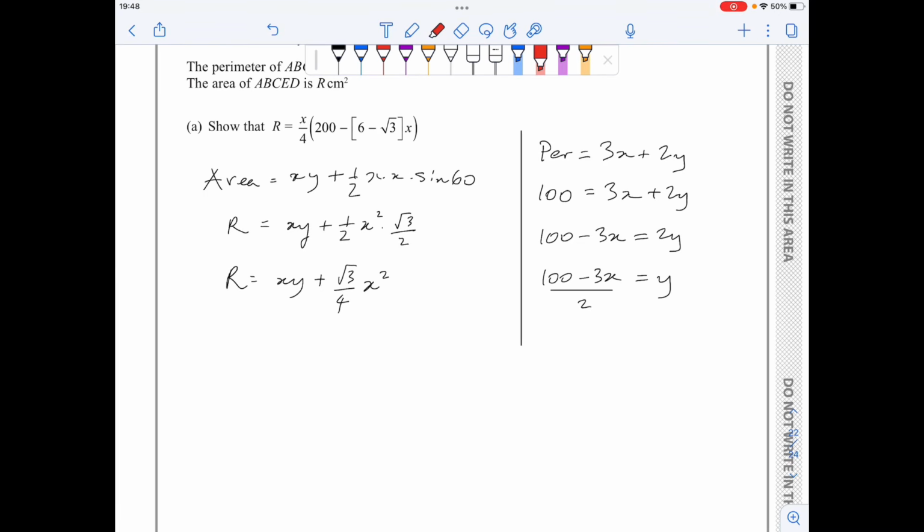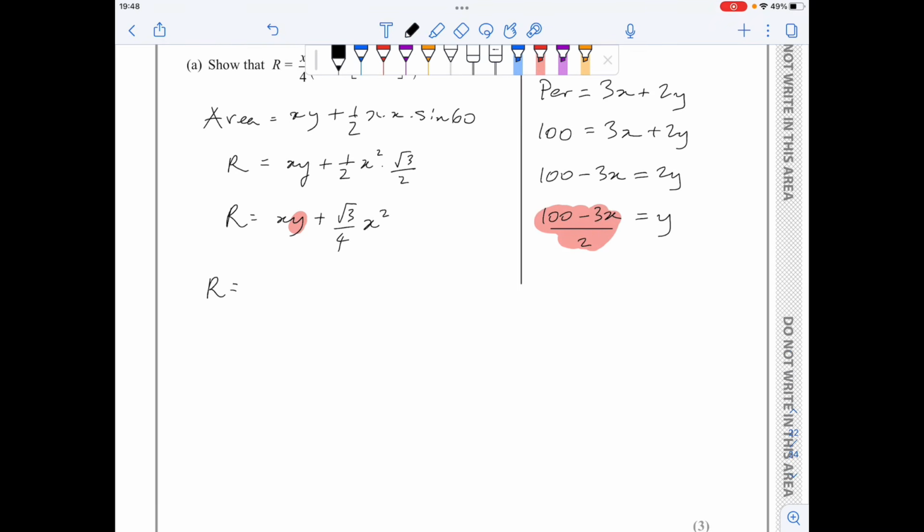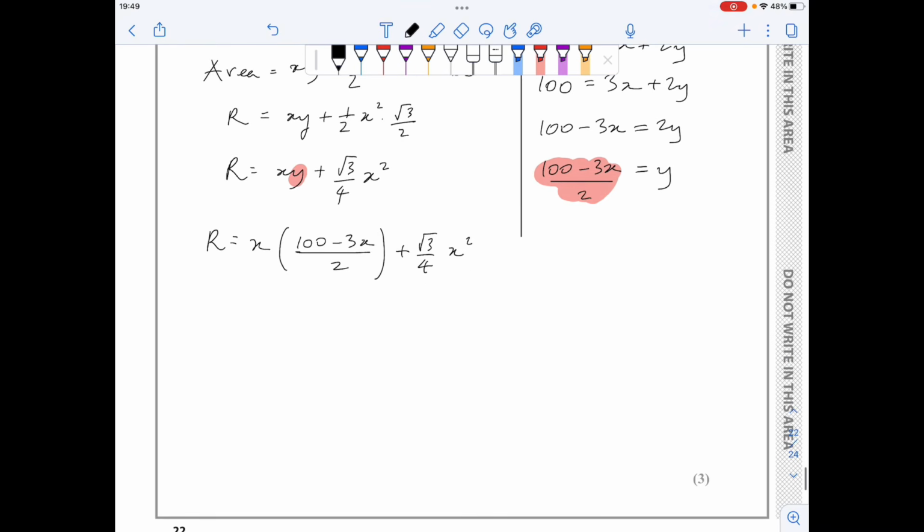So now I'm going to replace y with this expression here. So r is equal to x times 100 minus 3x over 2 plus square root of 3 over 4 x squared. Let's expand the bracket. So r equals 100x over 2 minus 3x squared over 2 plus square root of 3 over 4 x squared.